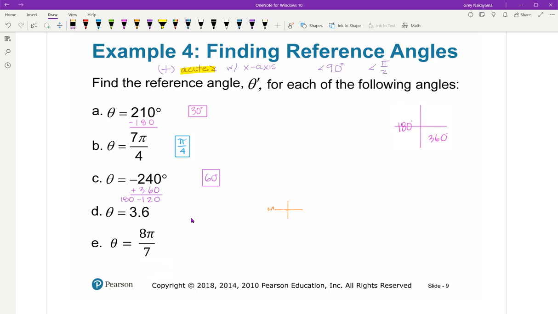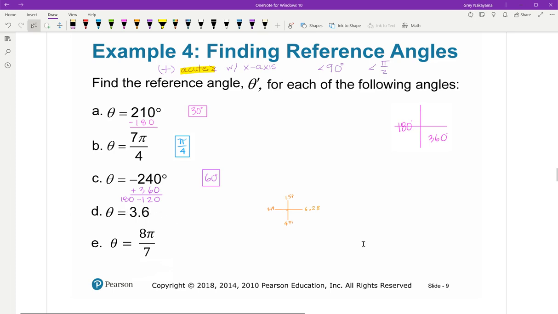You kind of have to know that number. So over here is 6.28. Half of pi is up top. That's pi over 2, that's 1.57. And if you add 1.57 and 3.14, you'll get 4.71. So those are my numbers in terms of radians, the decimal approximation, which is what 3.6 is.